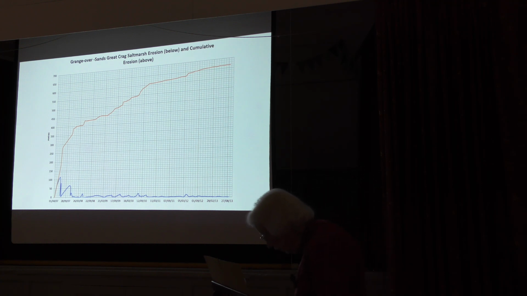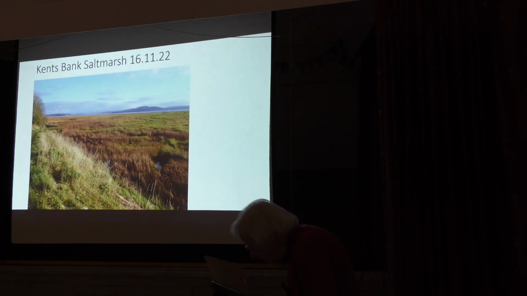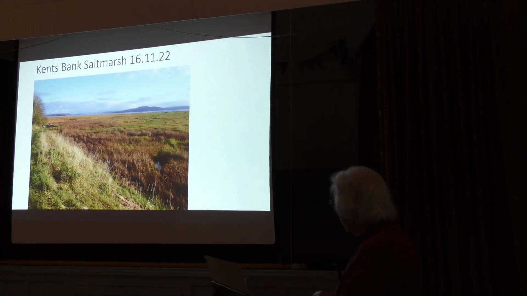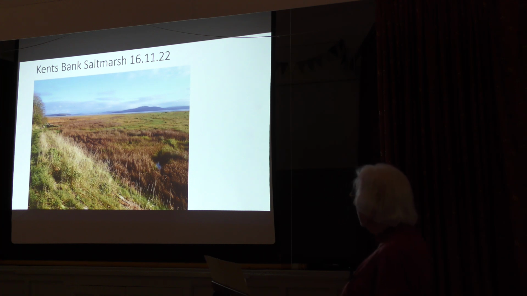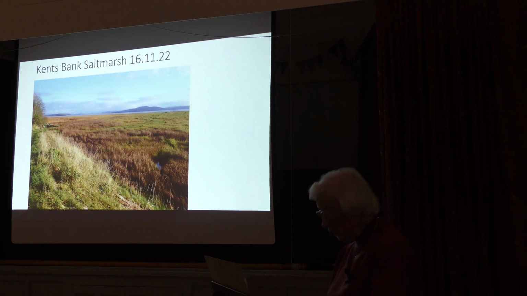So we will now come to the final group of slides, and these are coming as up to date as I can. And these are photographs on the Kent's Bank side that were taken in November 22, so last November.